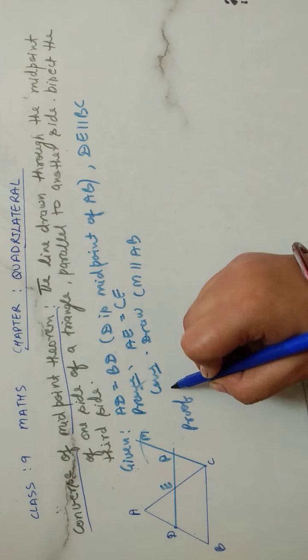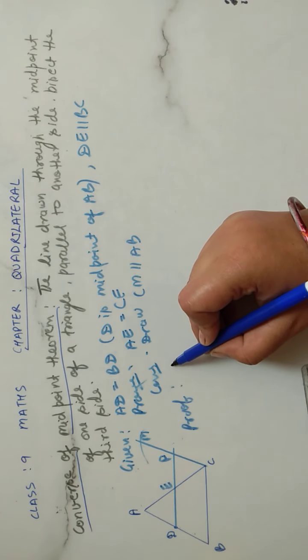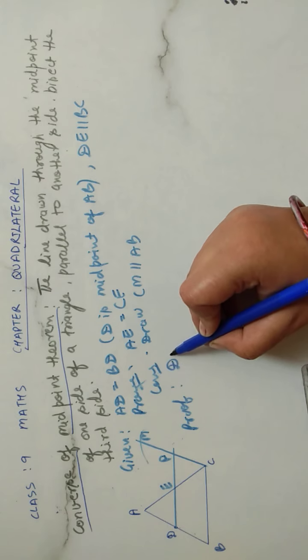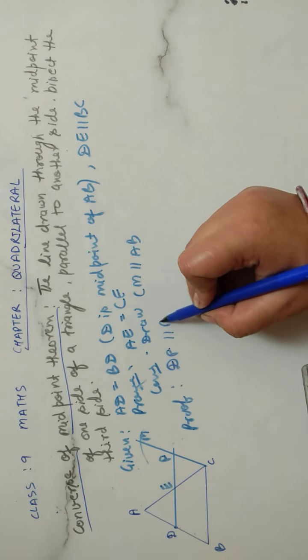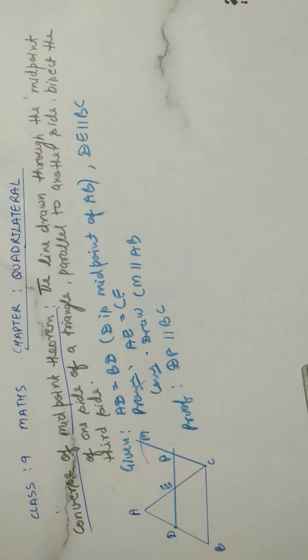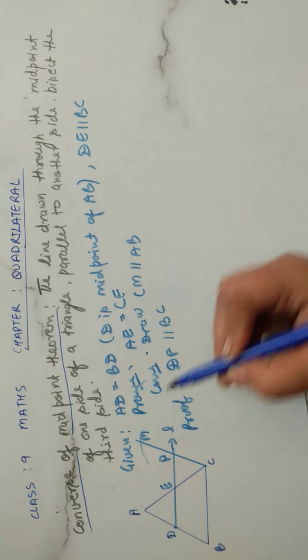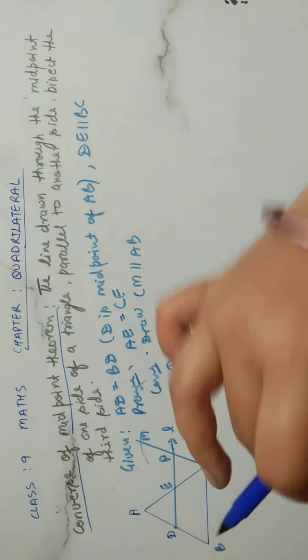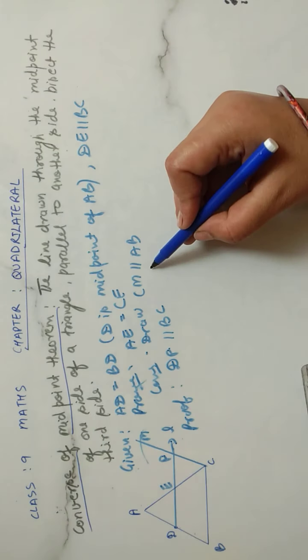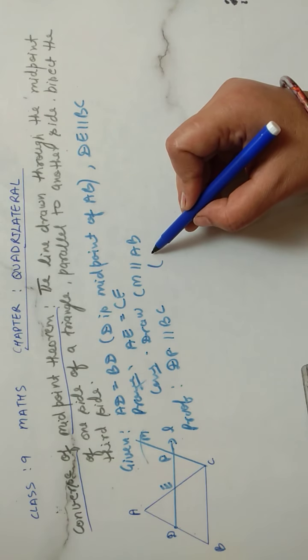Now we know that DF is parallel to BC, because we have extended DE further. This is a particular line, or you can say that we have drawn a line L. So DF is a part of it, and BC is also parallel, as given to us.